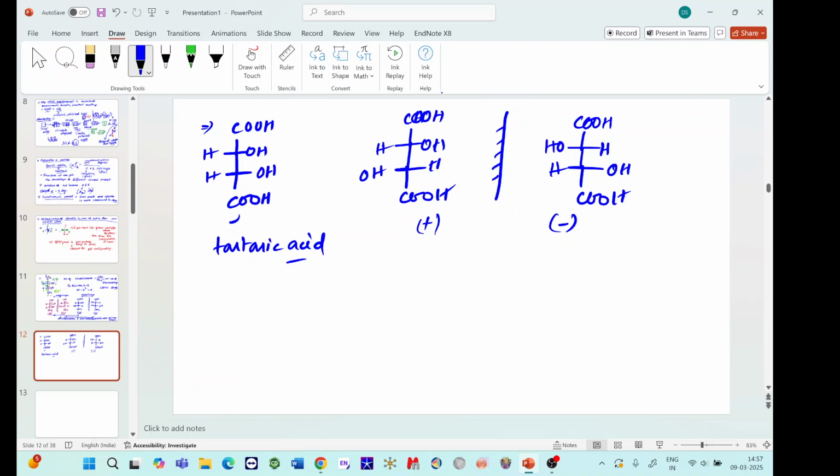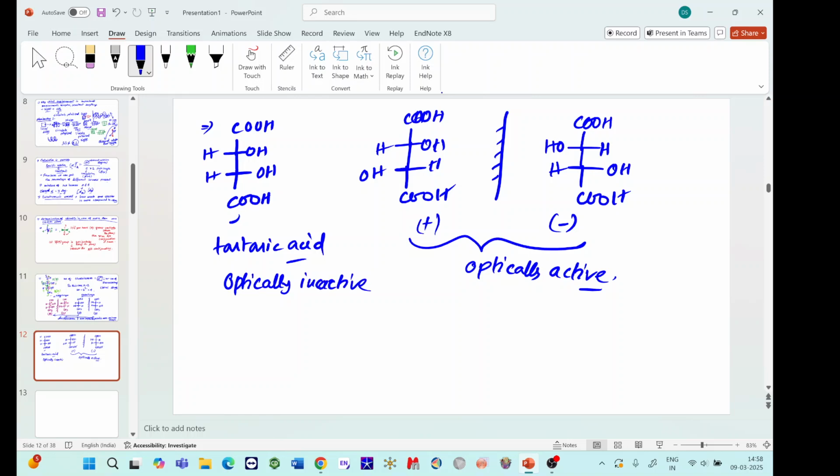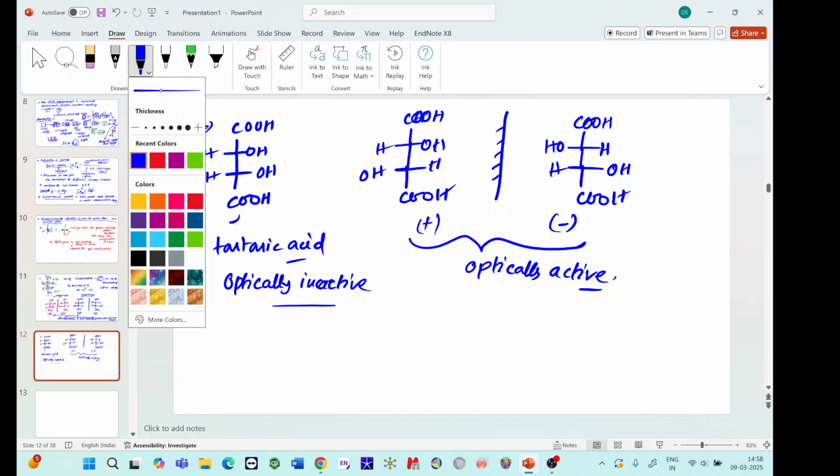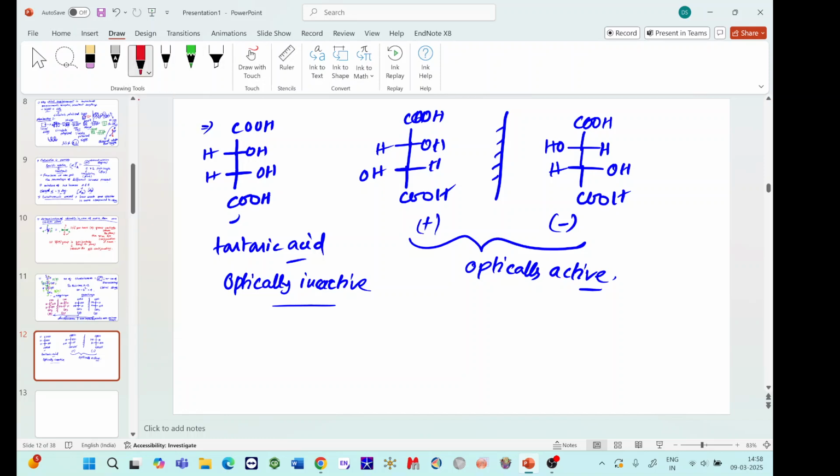These two are optically active. This one is optically inactive. Okay, let us try to find out why. So can you tell me what are the RS configuration of the chiral centers?